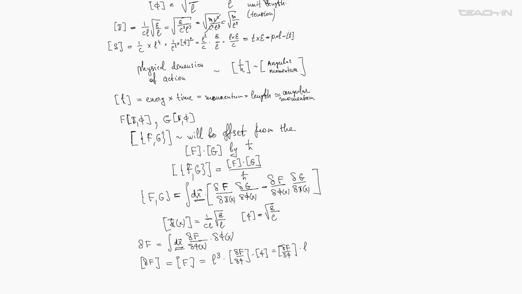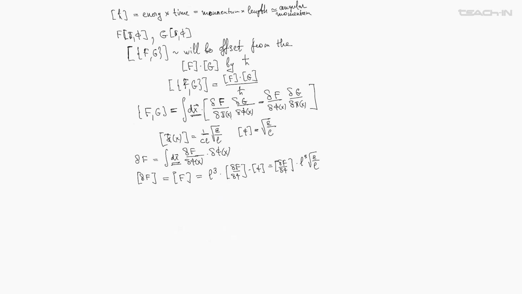From where you see that the physical dimension of this variational derivative, which features in this Poisson bracket, is given by the dimension of f divided by which power of L?